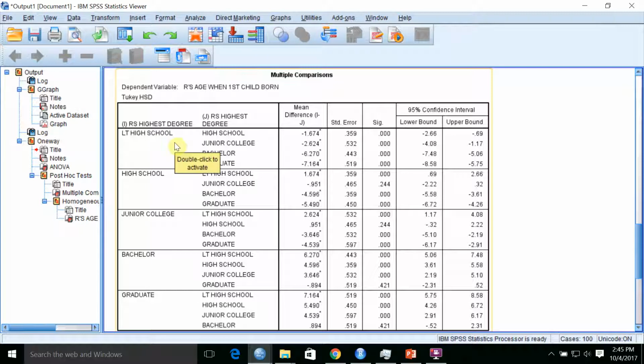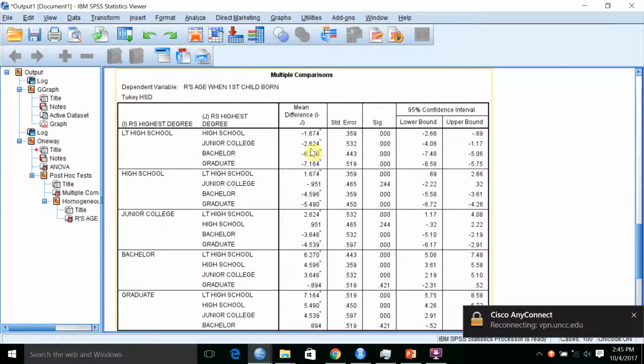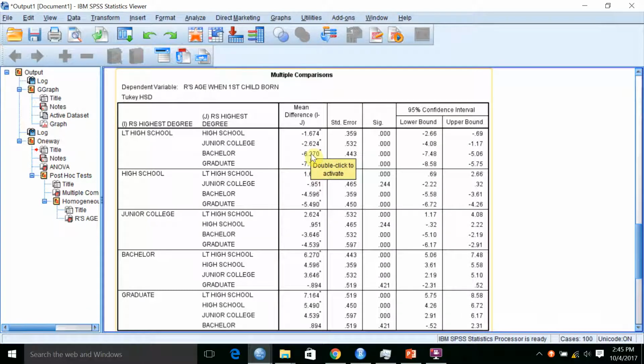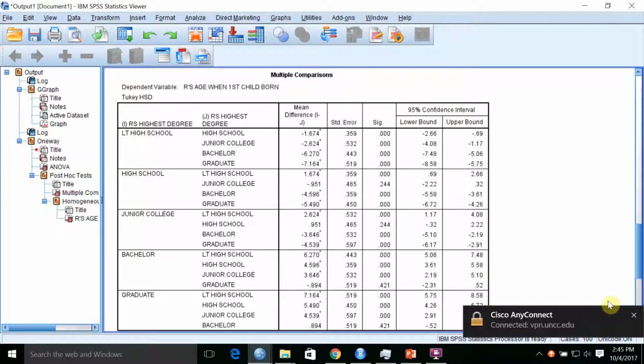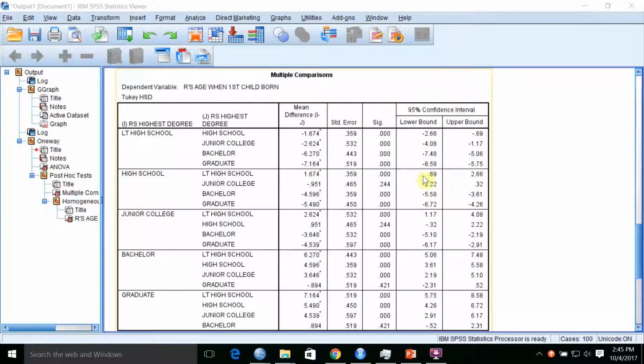So less than high school relative to high school, so I minus J. So it's saying here that they have children 1.6 years earlier than high school. They have children 2.6 years earlier than junior college, 6.2 years earlier than bachelor's degree, and 7.7 years earlier than people with graduate degrees. And they're significant.